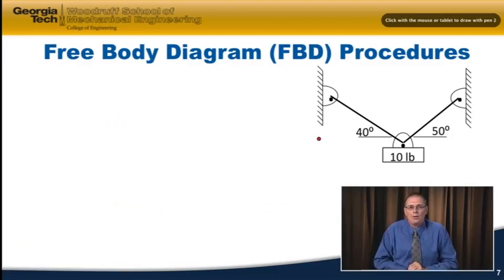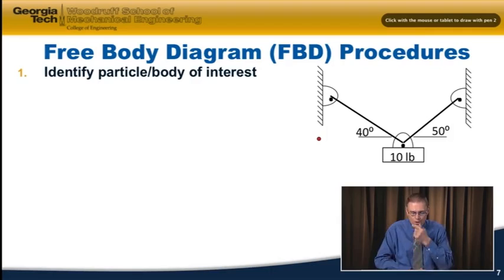So let's now, as a last step in this module, look at a procedure for drawing something that's called a free body diagram, or a graphical tool for applying the equations of equilibrium. We're going to use this throughout this course. So the first step is to identify the particle or body of interest that we want to apply equilibrium to.